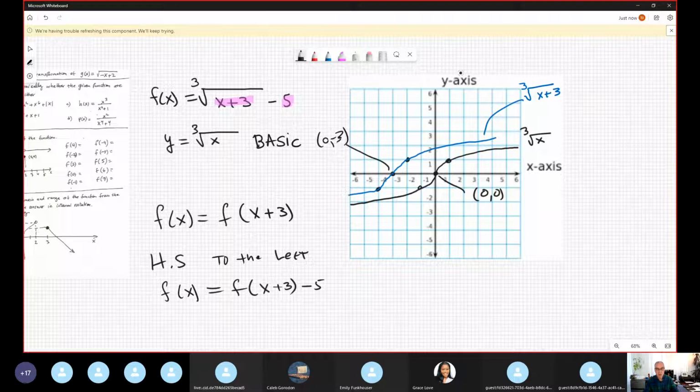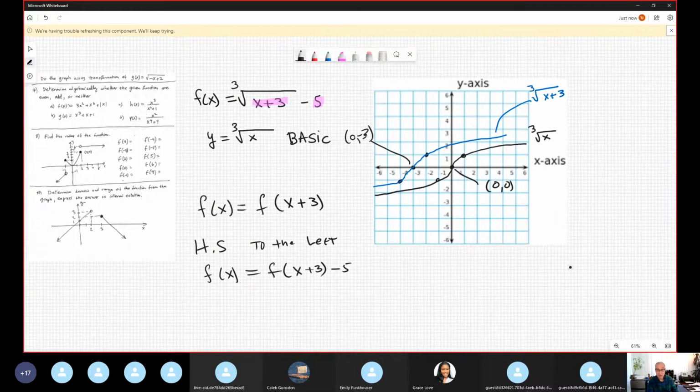Reflection is when you multiply by a negative one, not addition. Make sense?